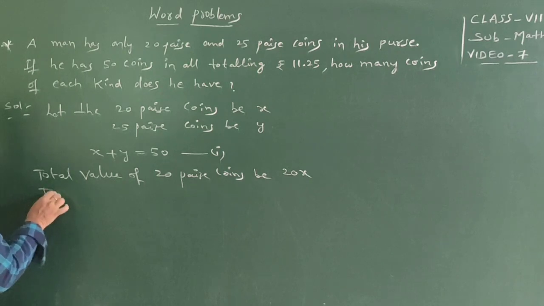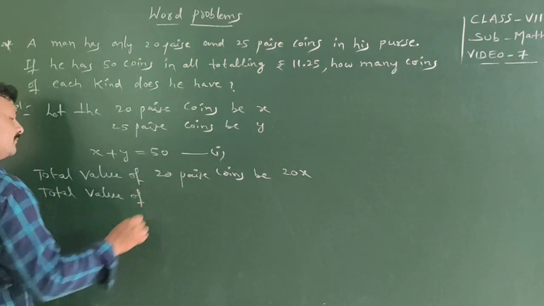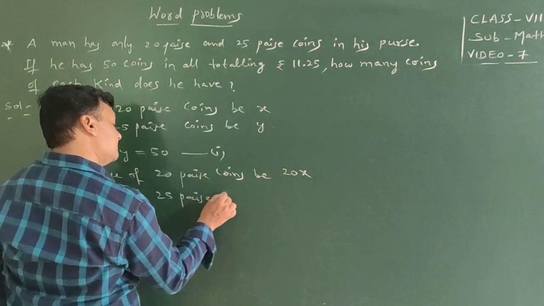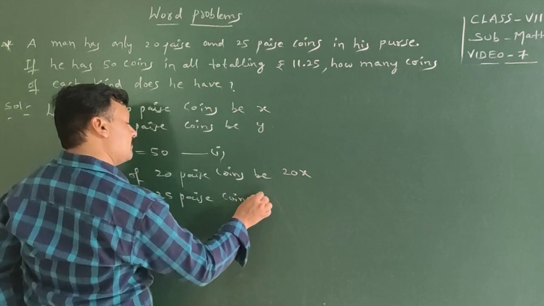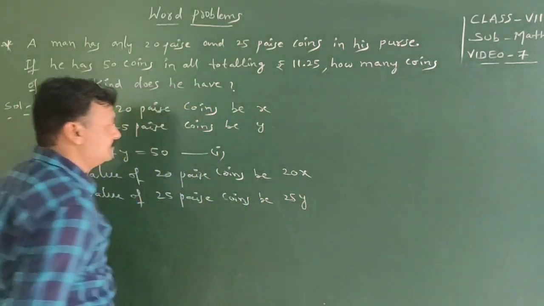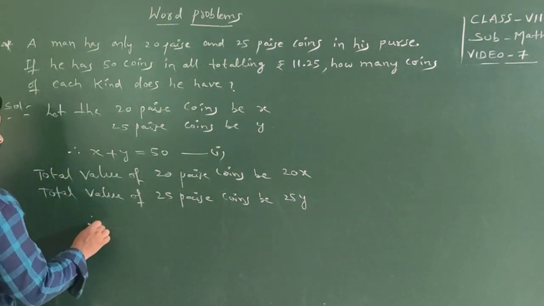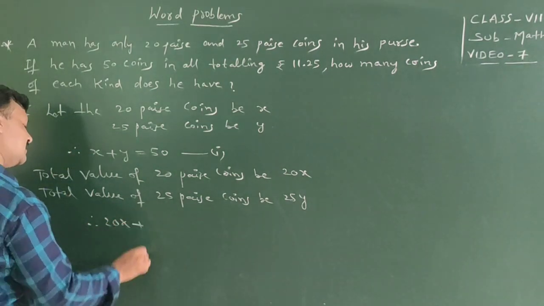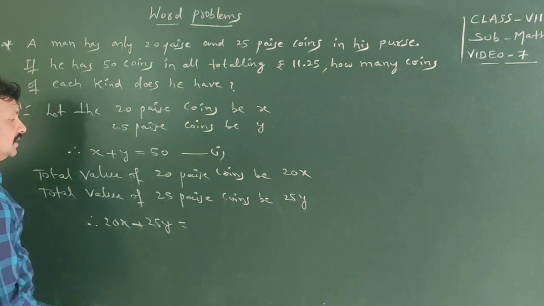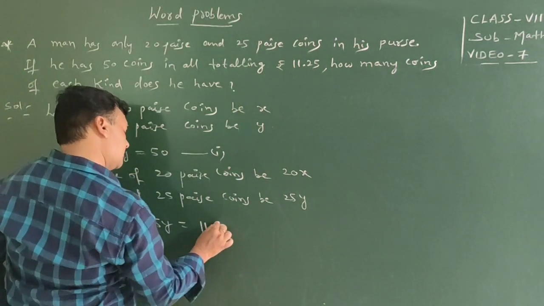Here total value of 25 paise coins be 25y. Therefore 20x plus 25y equal to, in paise here, 1125.